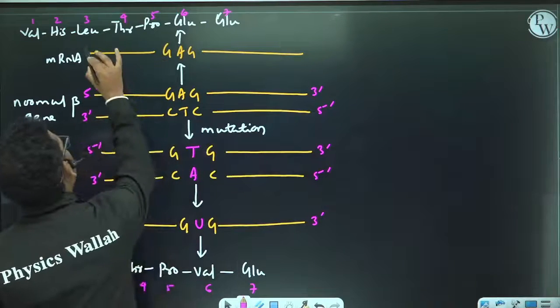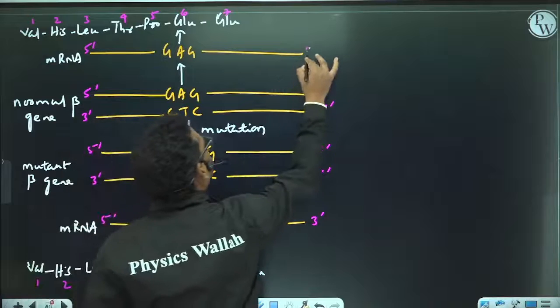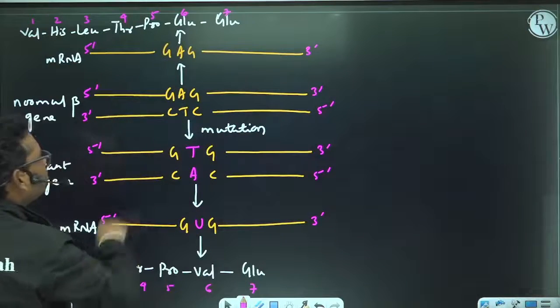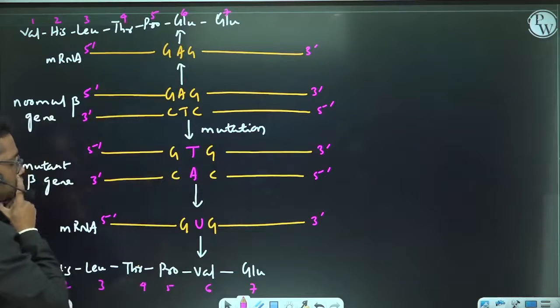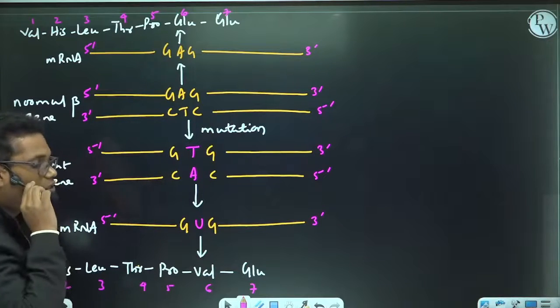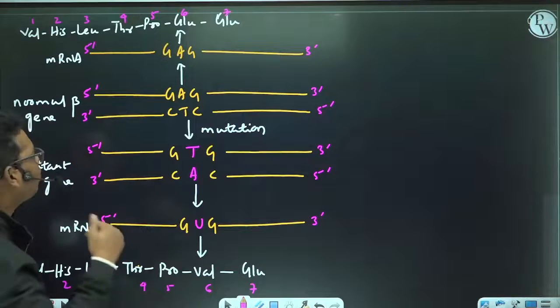Okay, this is 5' end and this is 3' end. So this is the normal beta gene which is going to produce the beta chain of the hemoglobin.